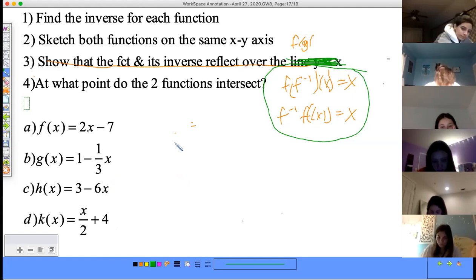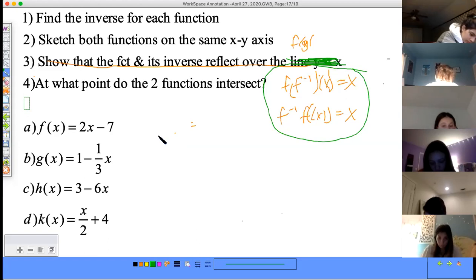So you guys are going to work. You're going to find the inverse for each function. You're going to sketch both functions on the same XY axis if you want to. You should be able to do it by hand, but if you want to go in Desmos and verify all that, you can. And then you have to show that f of f inverse of x is x, that the composites are both going to spell out an x.